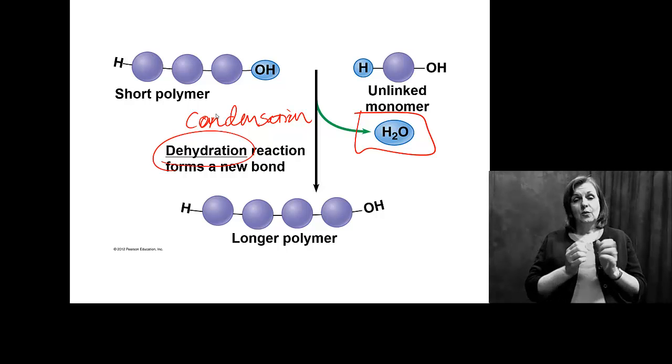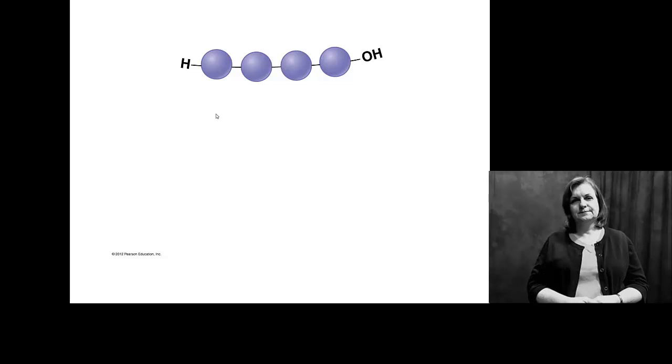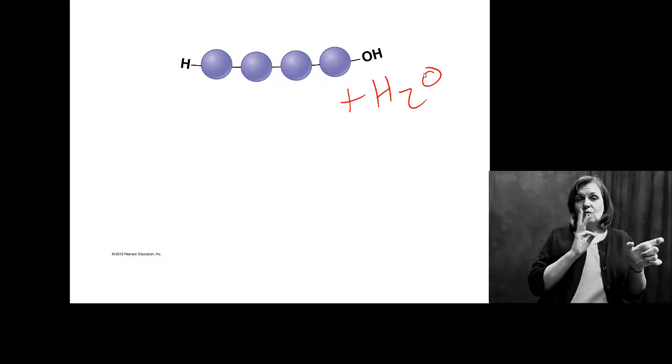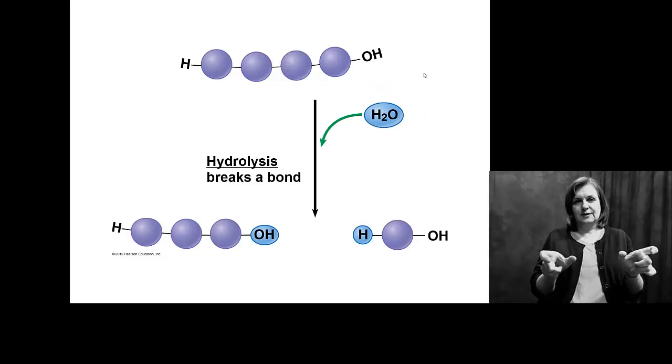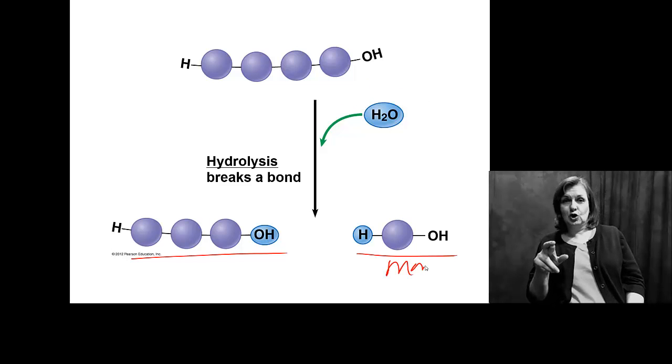Okay, well that's not too bad. We take a polymer, and what did we say we have to do to that polymer to get it to break apart? We're going to add water. When we add water to this, we can get this polymer to break apart, and we're back to this short chain polymer and a monomer again.